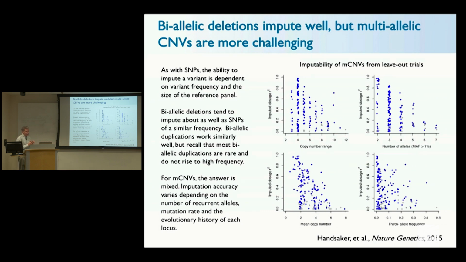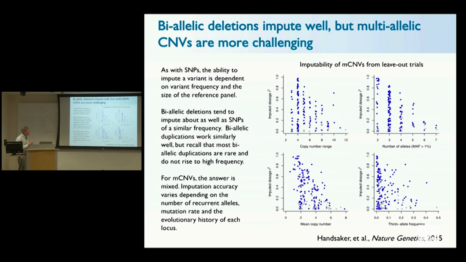Biallelic duplications also impute well in general, or about as well as SNPs, but with the caveat that, like I explained, most biallelic duplications are rare. So given that they're rare, they impute about as well as a rare SNP of the same frequency.